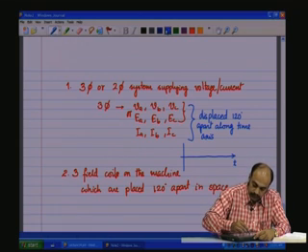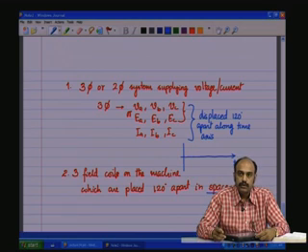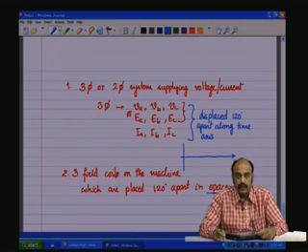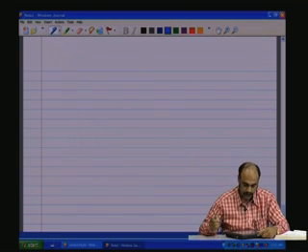So, this is the second condition that is needed to generate a rotating magnetic field. Let us see how that comes about.